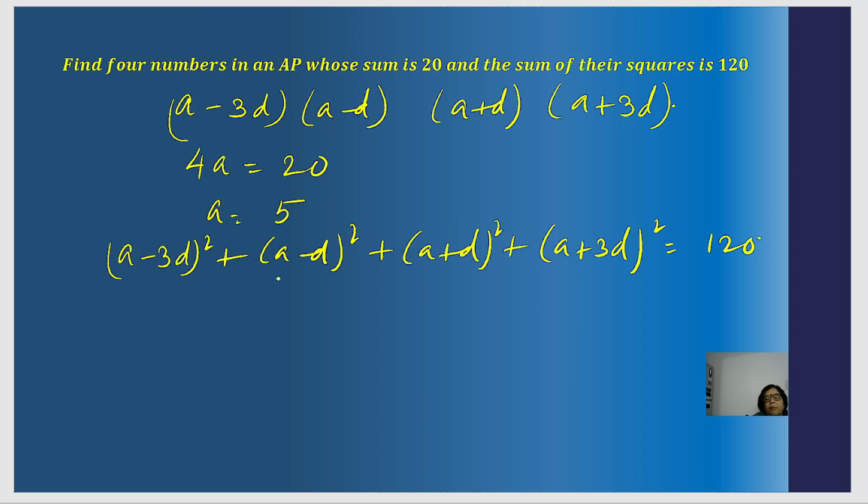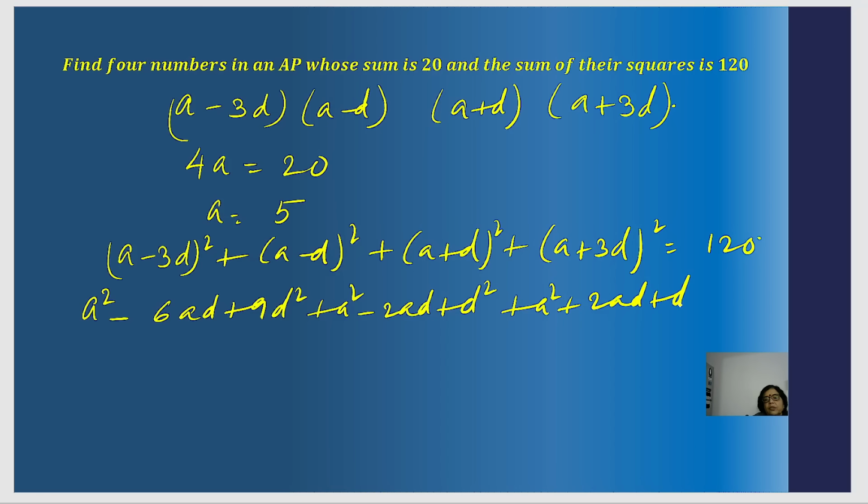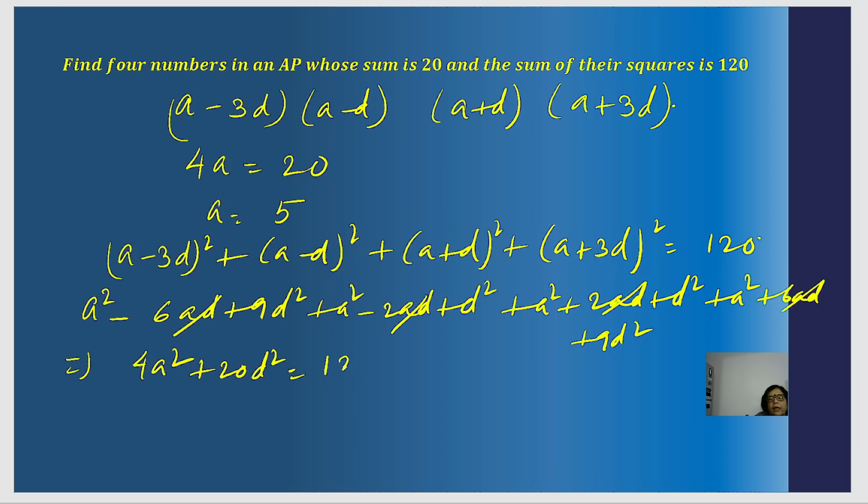So expanding this using the formula of (a minus b) the whole square and (a plus b) the whole square, we get over here a squared minus 6ad plus 9d squared plus a squared minus 2ad plus d squared plus a squared plus 2ad plus d squared plus a squared plus 6ad plus 9d squared. So ultimately, after simplification, the middle terms will get cancelled, and we will be left with 4a squared plus 20d squared is equal to 120.